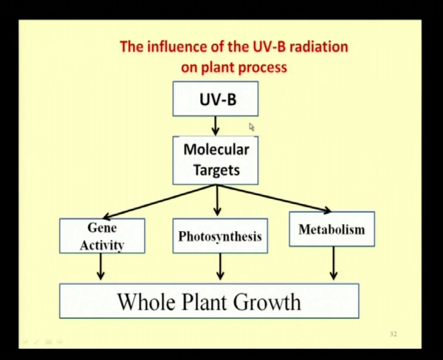And now, let us see how ozone depletion is affecting living beings. First, the plant process: it targets the molecules, and the gene activity is affected. It affects photosynthesis and metabolism, which are the three basic activities for plant growth. The whole plant growth is affected, and even gene activities are affected by ultraviolet B radiation.